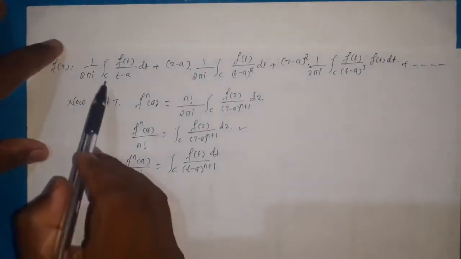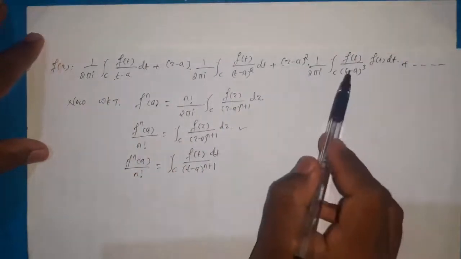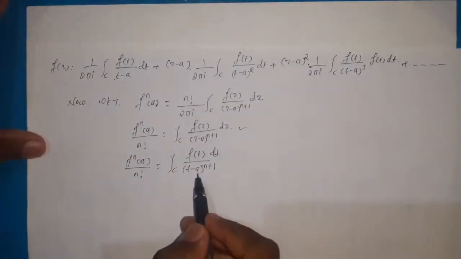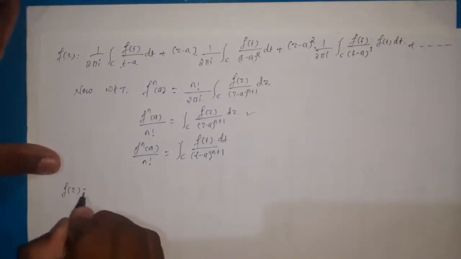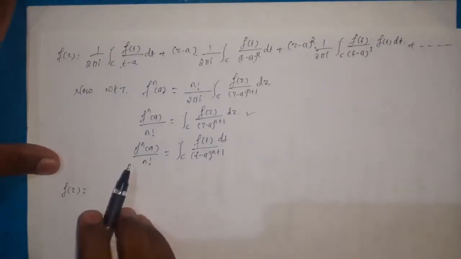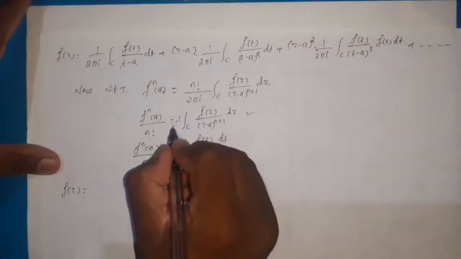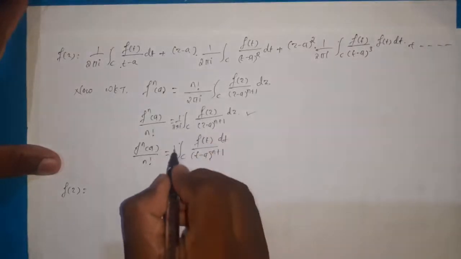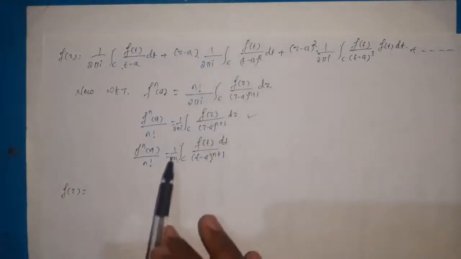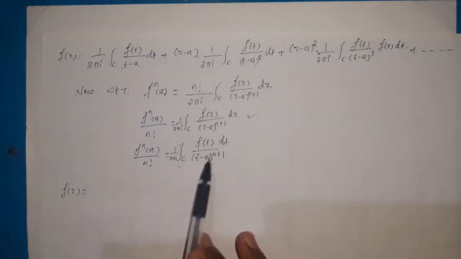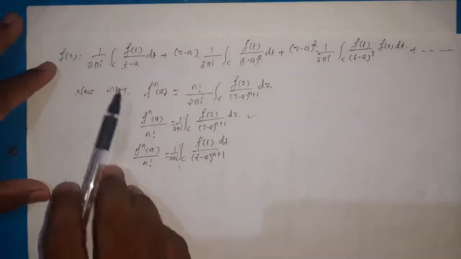Now go on comparing the terms of this series with this formula. Then f of z equals 1 by 2 pi i integration over c f of t dt upon t minus a whole power n plus 1.